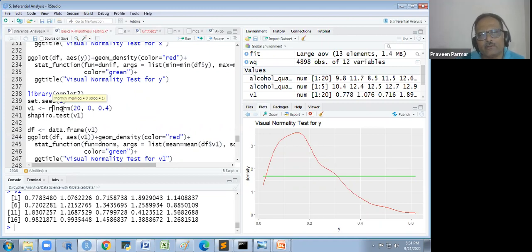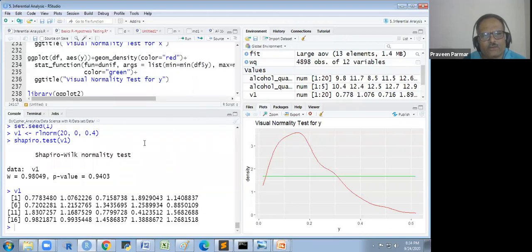Random log normal. I am taking this distribution and the aptitude test I am using here V1. We see what happens. There I have given so many things. So it is also normal. Log normal is a normal distribution. Okay.